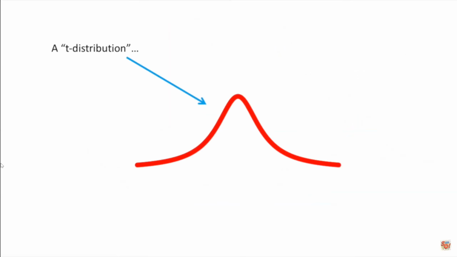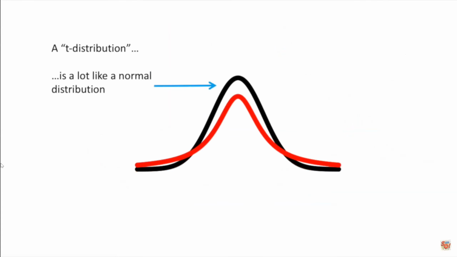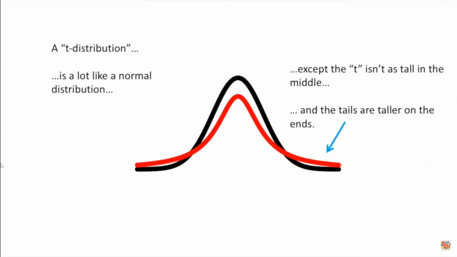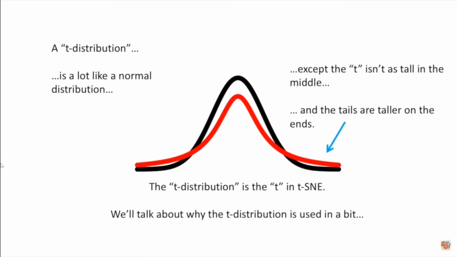A t-distribution is a lot like a normal distribution, except the t isn't as tall in the middle, and the tails are taller on the ends. The t-distribution is the t in t-SNE. We'll talk about why the t-distribution is used in a little bit.